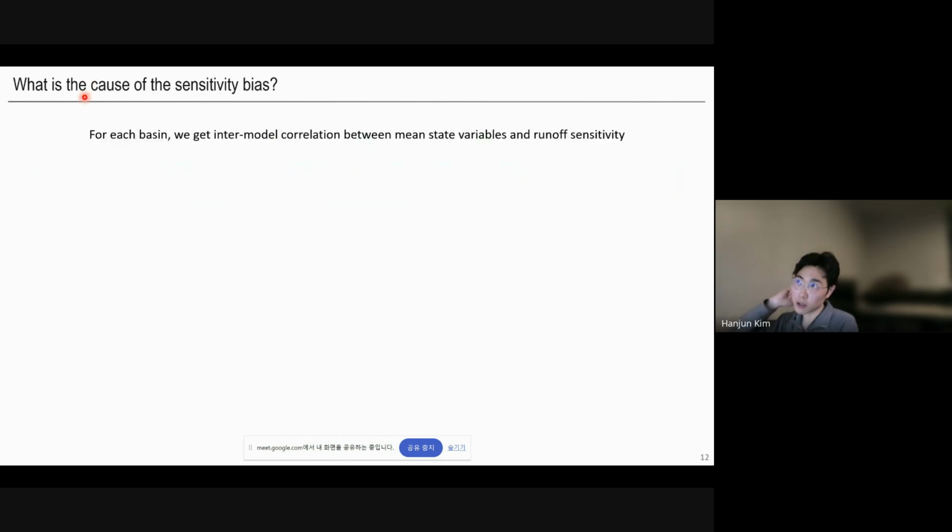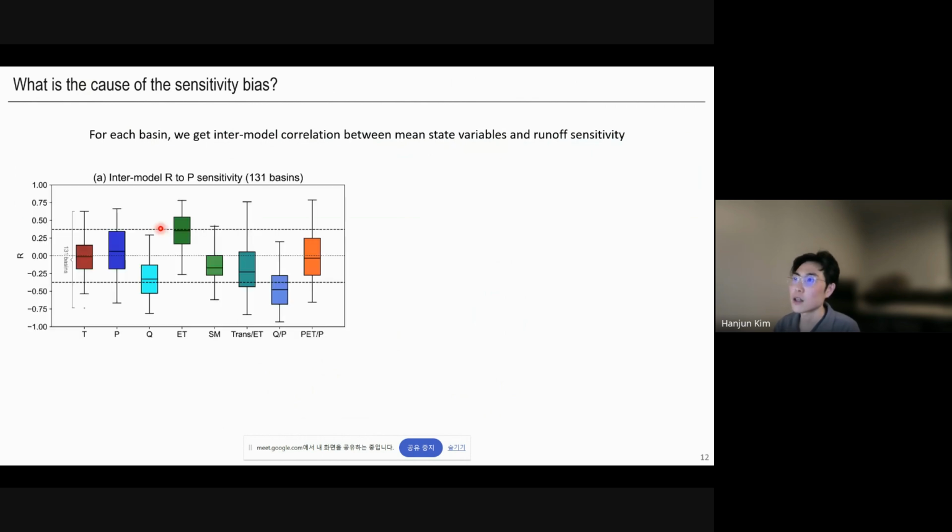Then what is the cause of this sensitivity bias? At least to get a hint, for each basin, we get the intermodel correlation between mean state variables and runoff sensitivity. So this is the result for the precipitation sensitivity. Here we get the intermodel correlation for 131 river basins and make a box and whisker plot.